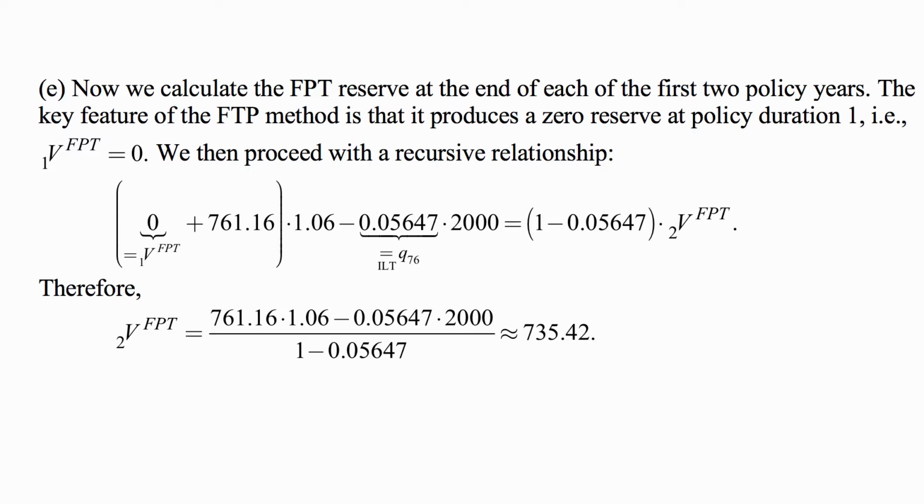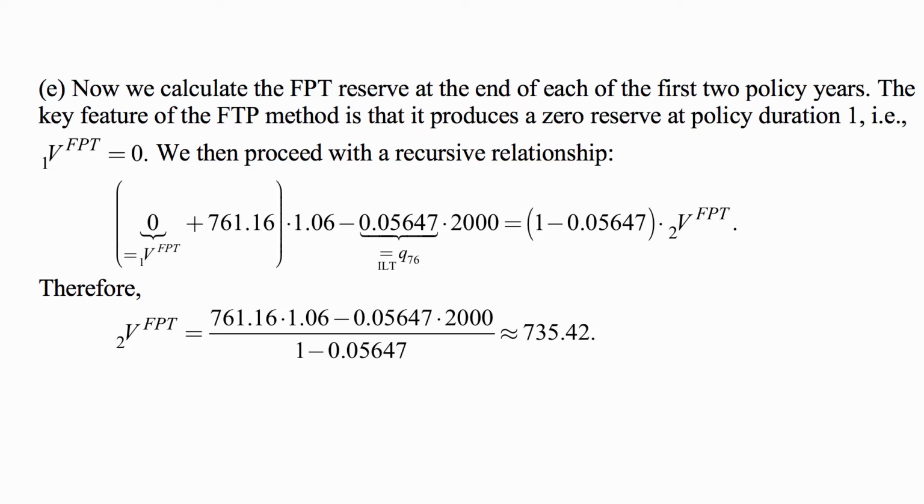So reserve plus the premium used for this reserve, so FPT renewal premium, 761.16, we just calculated, accumulated at the valuation interest rate of 6%, minus the cost of insurance.